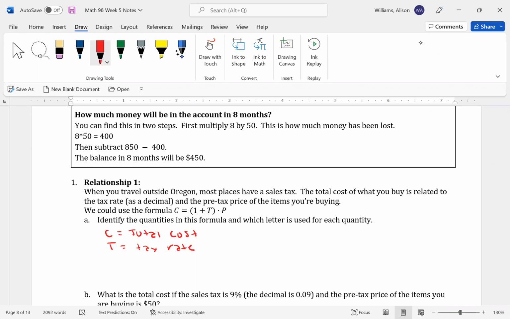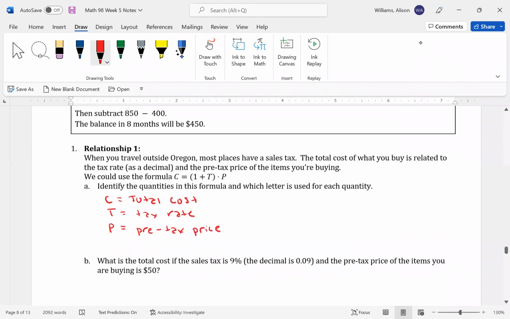So T for tax rate, plus it makes sense, it's T. So P then is left over to be the pre-tax price. All right, it makes sense based on the way they labeled everything. Cost, tax rate, price.